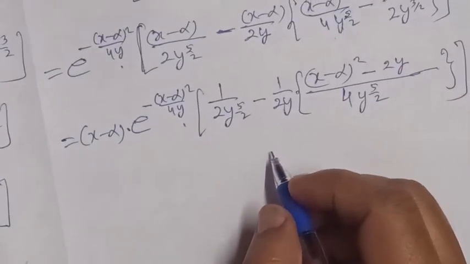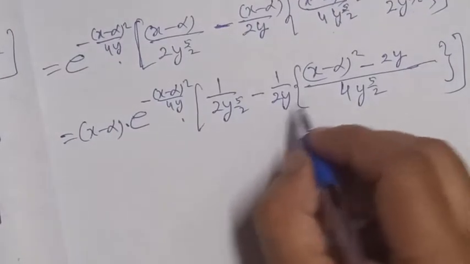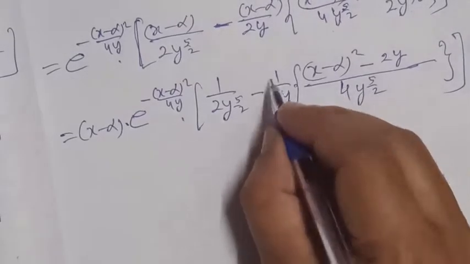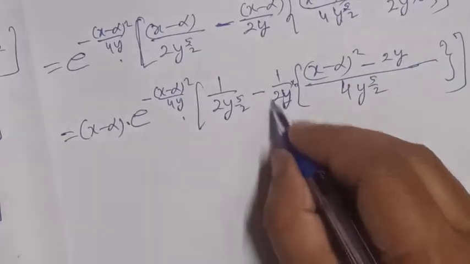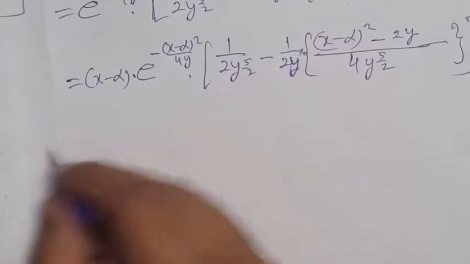Now we should multiply denominator to denominator and numerator to numerator. 1 multiplied by this value becomes this value, and this value multiplied by this we write in the next step.